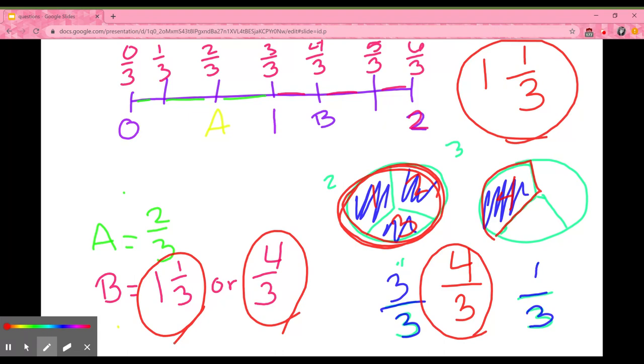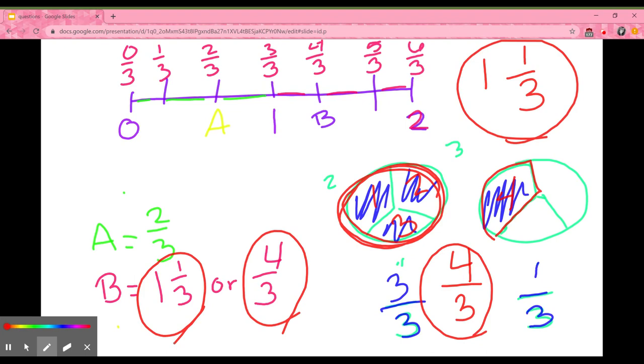Because depending on how you are interpreting the picture, you might see it a different way, but they are actually the same answer. It's just like if I said I had 2/4 of my candy bar and you said I had 1/2 of the candy bar. It means the exact same thing because 2/4 is equal to 1/2. 1 and 1/3 is equal to 4/3.